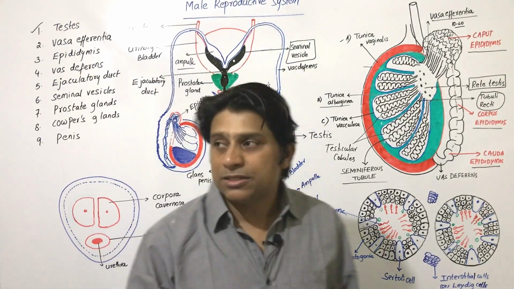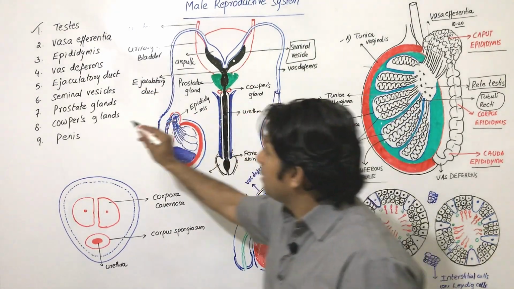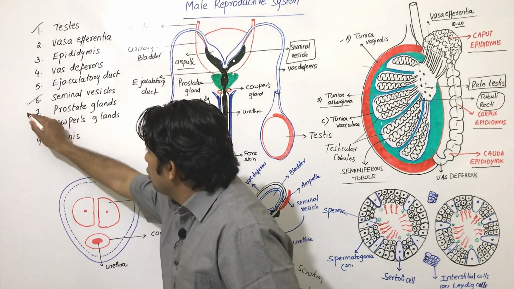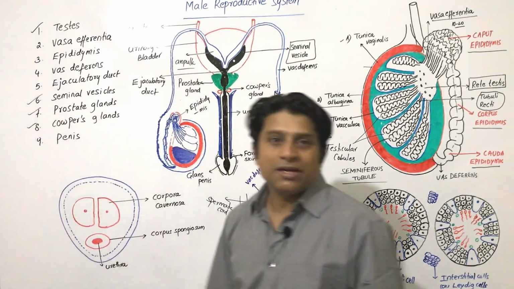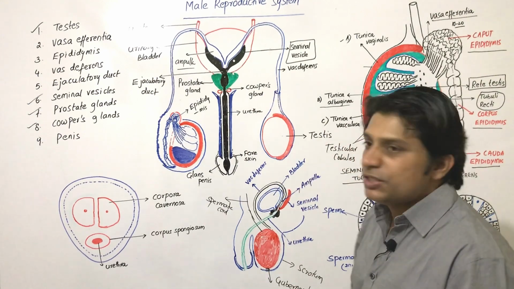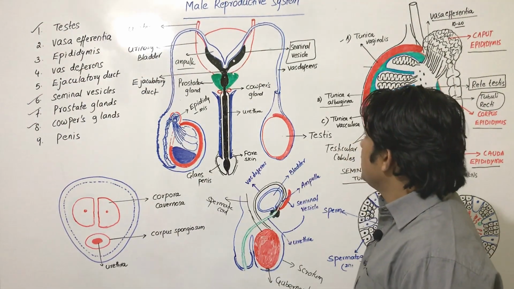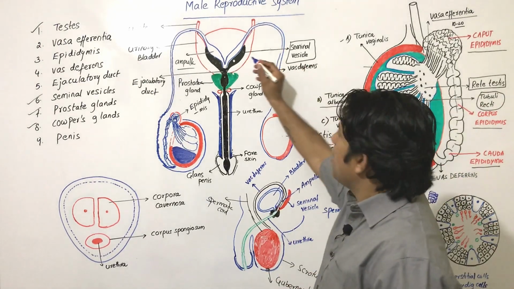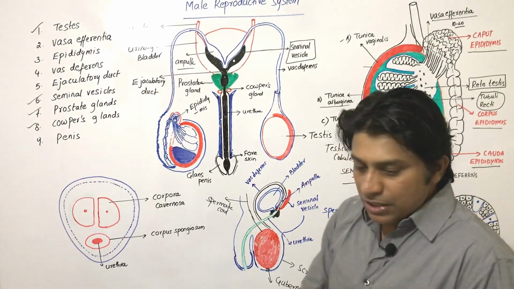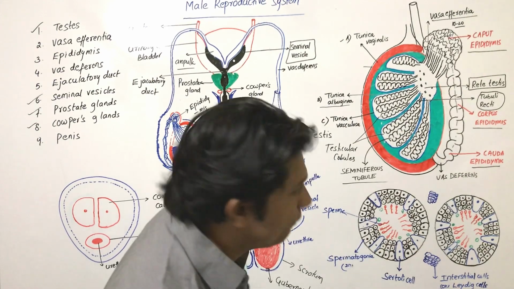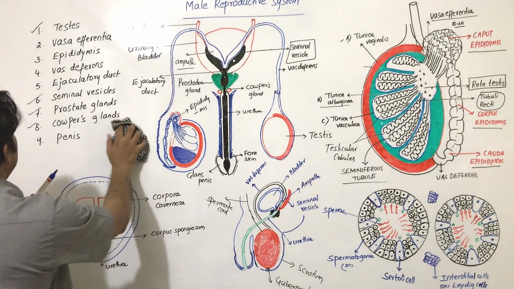Next, coming to the glands. These are glands like the seminal vesicle, prostate gland, and Cowper's glands. Let us find out some points regarding the glands. First, before going to the seminal vesicles, let us find out a few basic concepts.